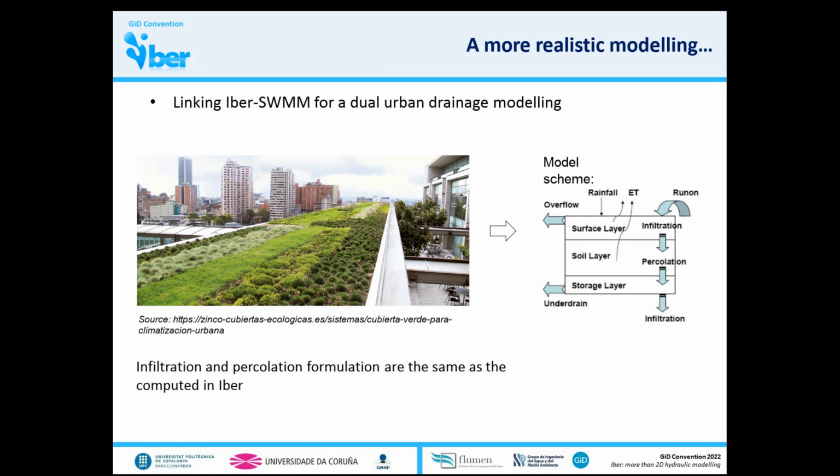So far, only green roofs can be implemented. The methodology is quite like other elements. First, we must define the roof element by introducing the layer properties, and then a second step, which consists of assigning the roof to the surface or to the mesh. With these inputs, infiltration and percolation processes will be solved.